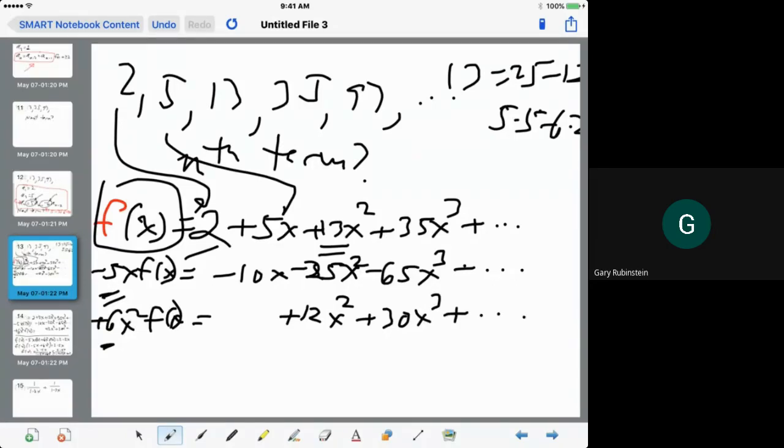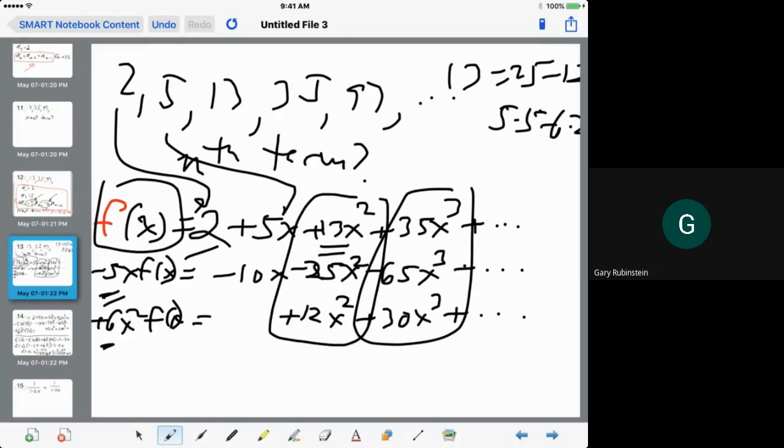Okay, does anyone have an idea of what I can do with these three lines? I have f of x, -5x f of x, and plus 6x squared f of x. Look carefully at the three numbers in each column.